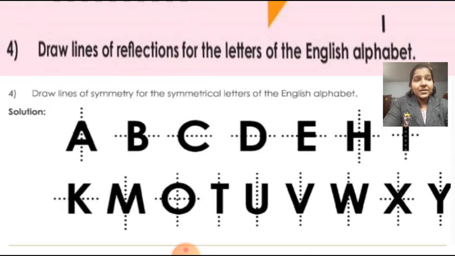Now the next question. Question number 4 in real time question. Draw lines of reflections for the letters of the English alphabet.